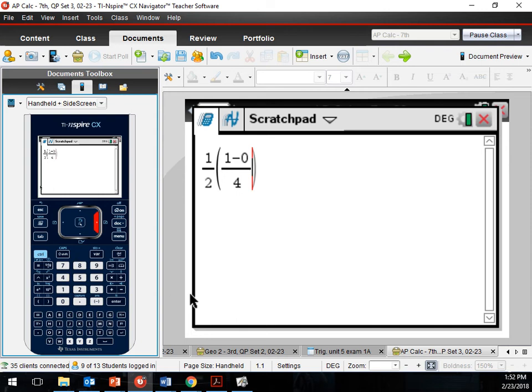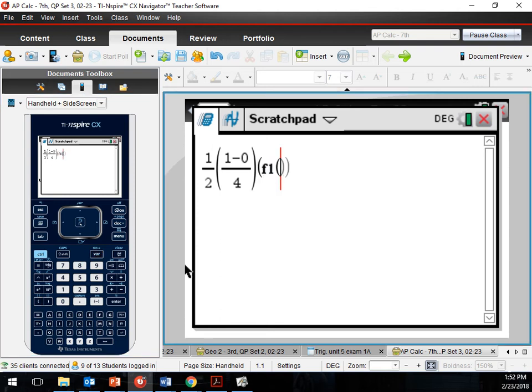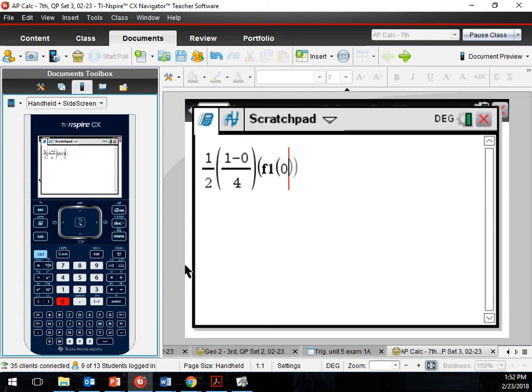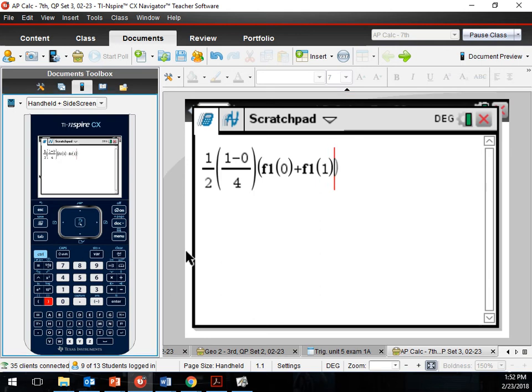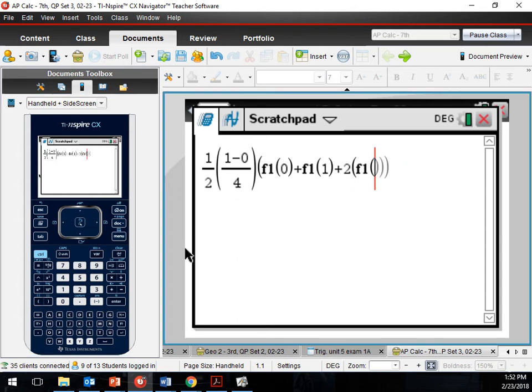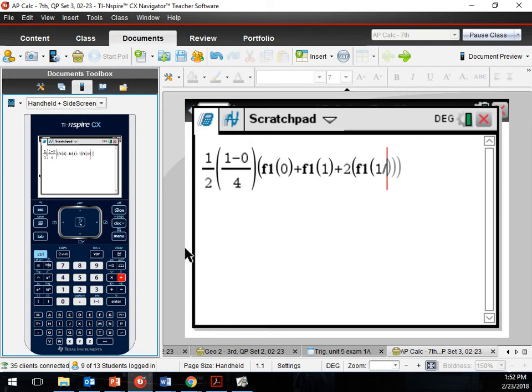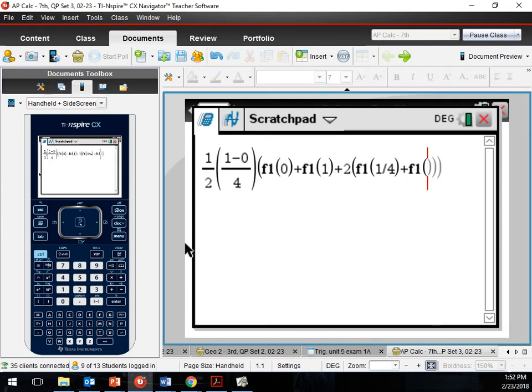Then I can close that, then open it. f of 0, plus f of 1, plus 2 times f of 1/4, right? I got 0.315975360.